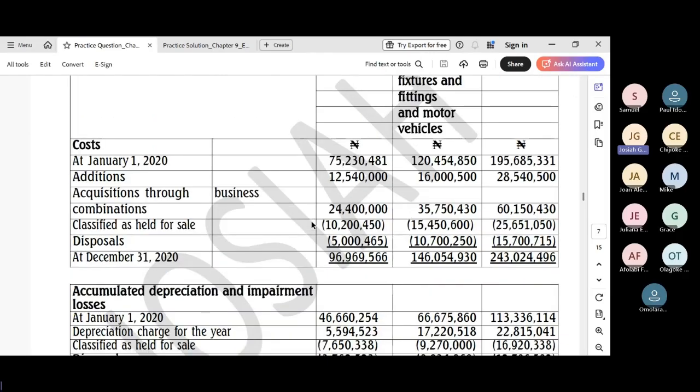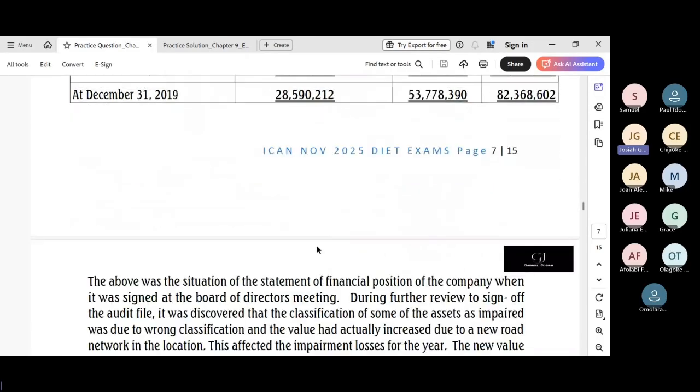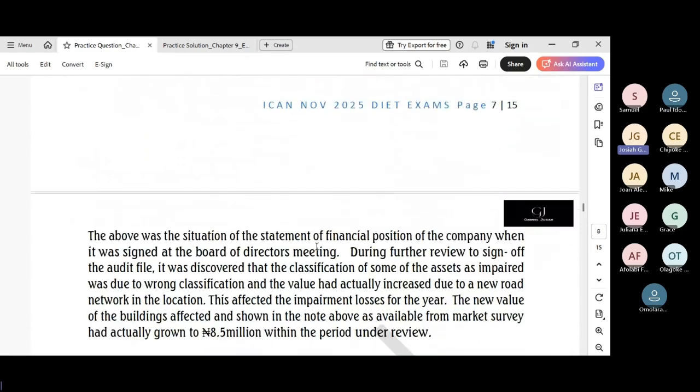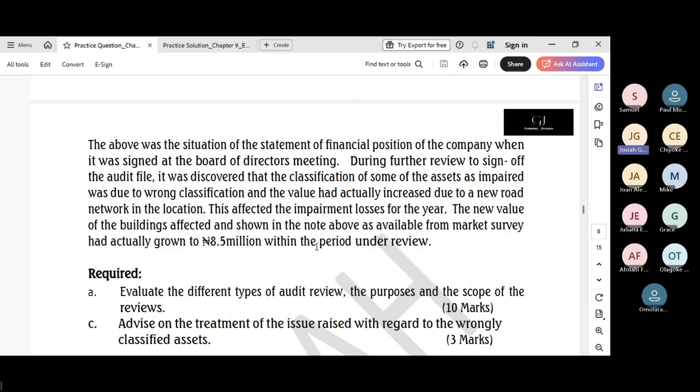So we have the cost, maybe an FAR, fixed asset register, the depreciation and impairment losses, then the net carrying amount of the impaired assets. And we have a statement here stating the above was the situation of the SFP of the company when it was signed at the board of directors meeting.